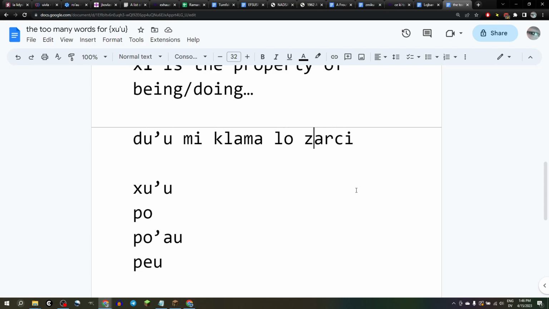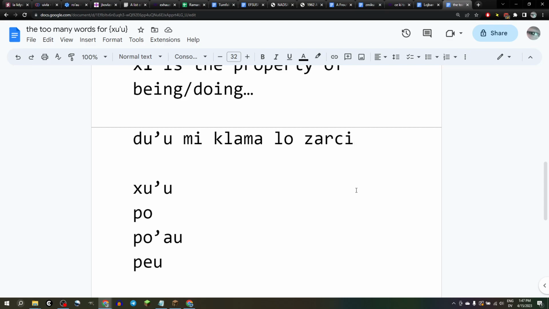Zarshi can point to markets, but it also points to an abstract idea of the graph of the sentence. It points to a Zarshi node in that abstract graph. I don't know if that explains it.